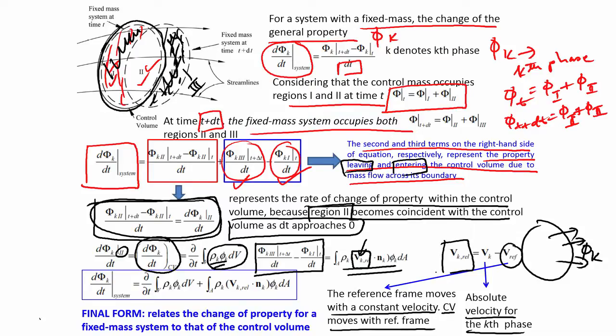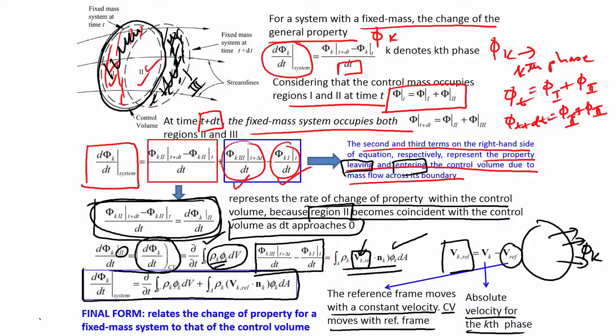So, the control volume is moving with the reference frame. This is the relative velocity with which the mass, energy, or momentum, or whatever that phi k represents, is entering or leaving the control volume. Okay.